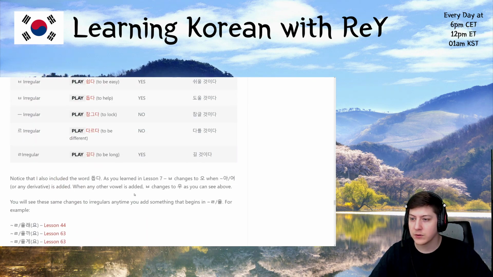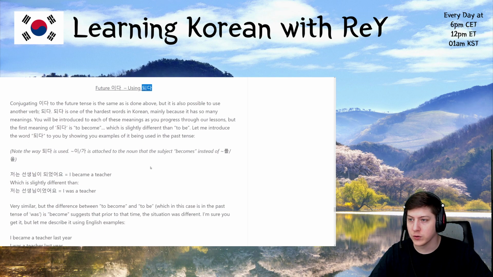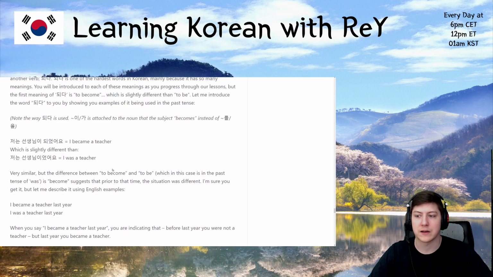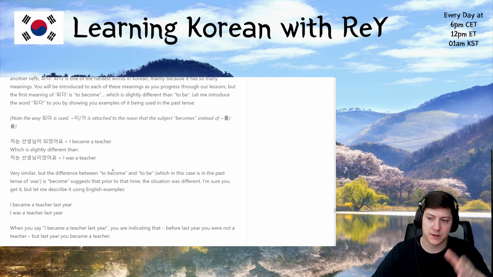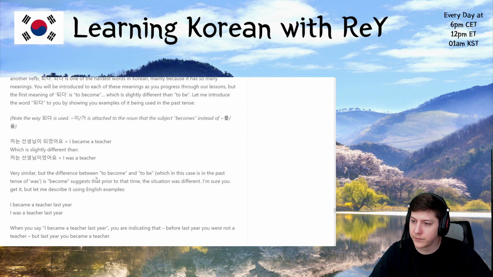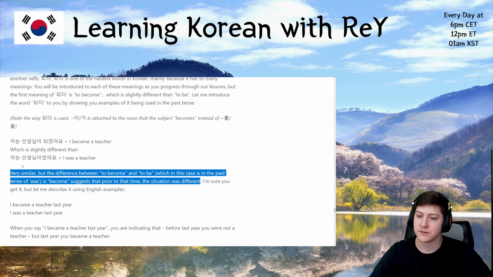What was the point of this doida thing? Let's reread this. Is it just saying, yeah, this exists and it's also possible, or is there any sentence that says, yeah, this would be better in this situation, this would be better in that situation? Ah, here it says doida suggests that previous time the situation was different. Okay, so this is what the main difference is between those.